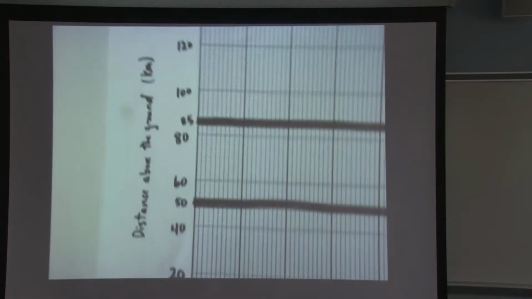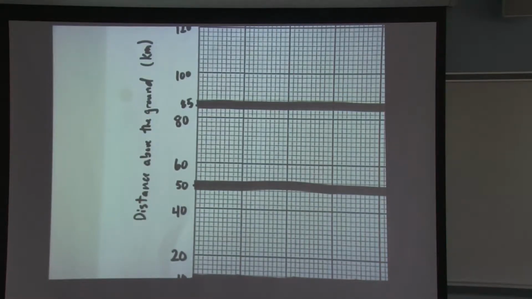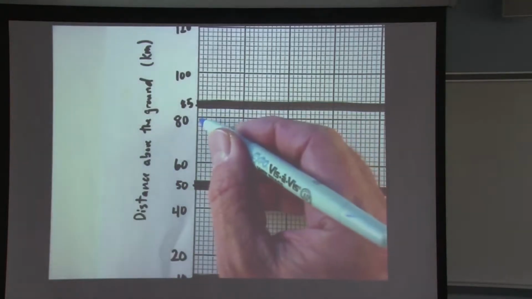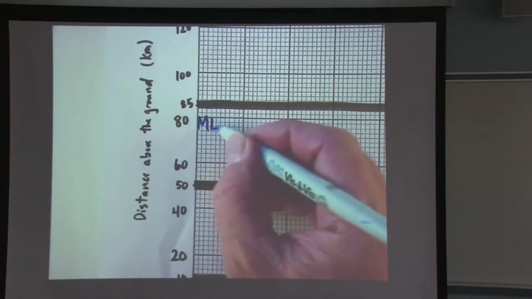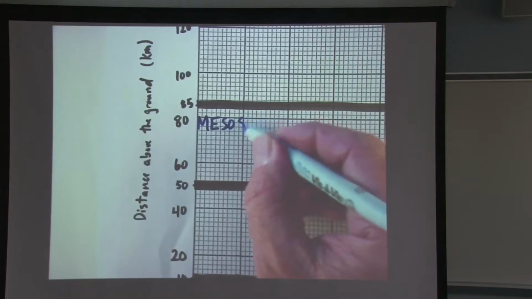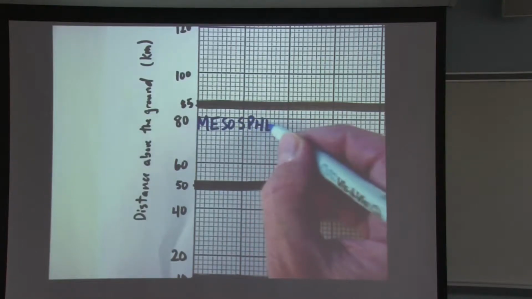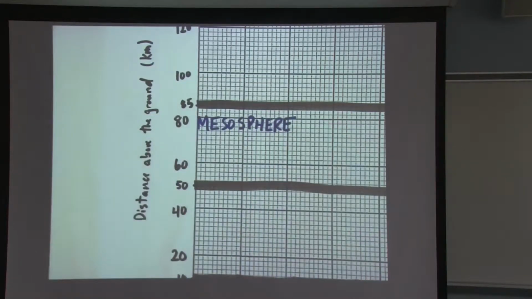Let's move down these columns now, and we're going to go to this middle layer right here. This is the mesosphere. If you take part in a choir or you've ever played a musical instrument, dynamics are listed in your music. Loud is indicated with the letter F, that's forte.